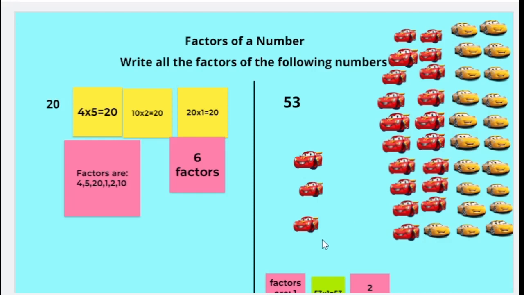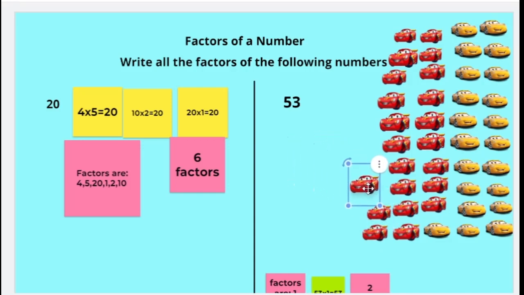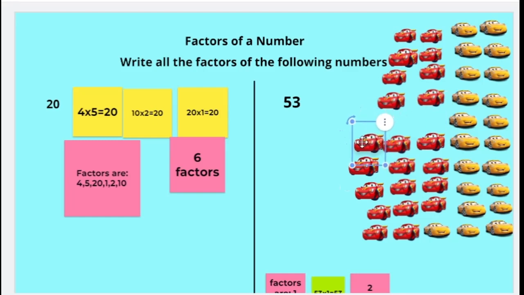Let's keep trying. Let's try 5. One group of 5, 2 groups of 5, 3 groups of 5. Let's put them into groups of 5.